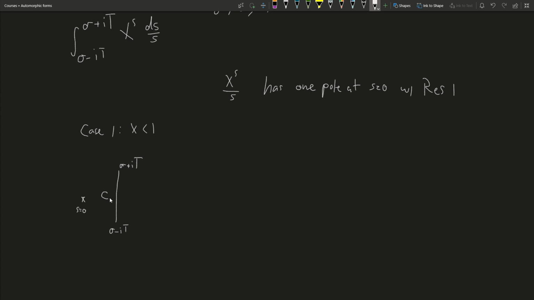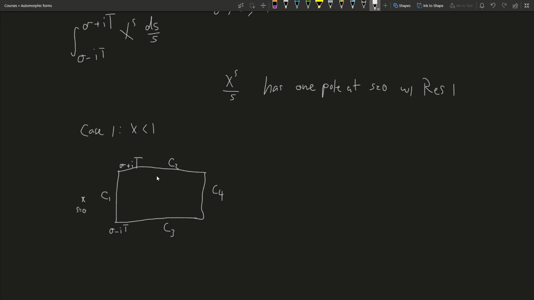I'm going to call this segment C1, and then we can draw this rectangle, with C2, C3, and C4. The point of drawing this rectangle is that we're going to show that the integrals along C2, C3, and C4 are all small in some sense.